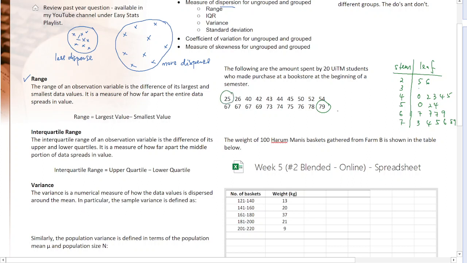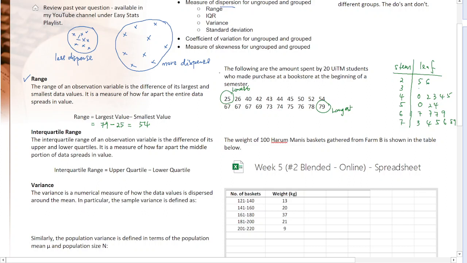So you just need to take the largest minus the lowest, which is 79 minus 25. So you get this to be 54.